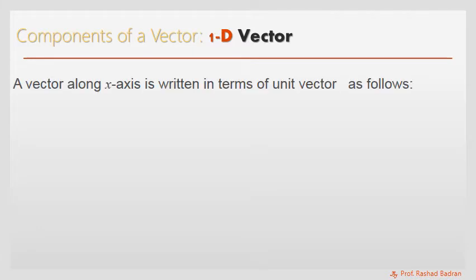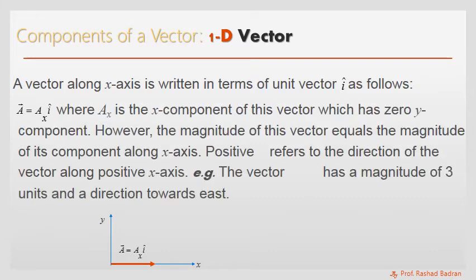A vector along the x-axis, for example, is written in terms of a unit vector i hat as follows, where the component ax on the x-axis will represent, in this case, the whole magnitude of the vector. The i hat refers to the direction of the vector along the positive x-axis.